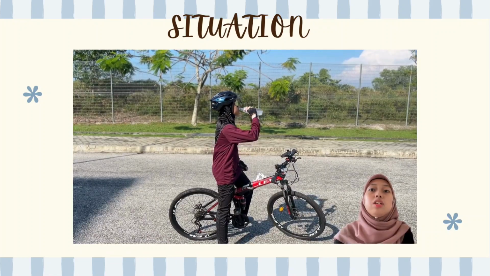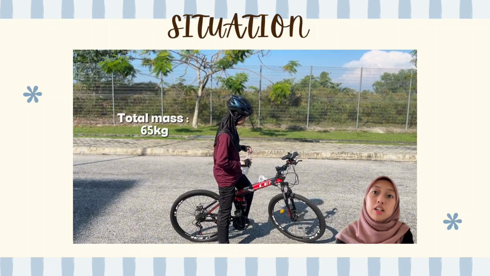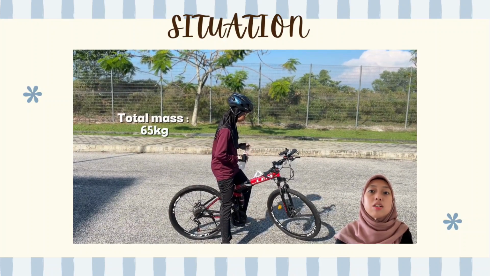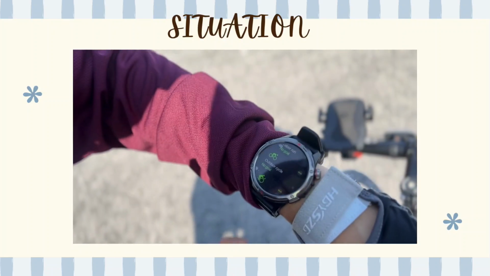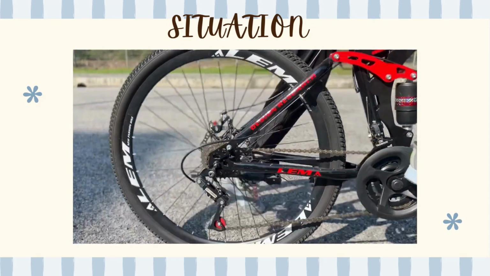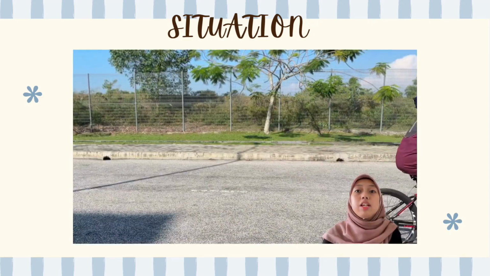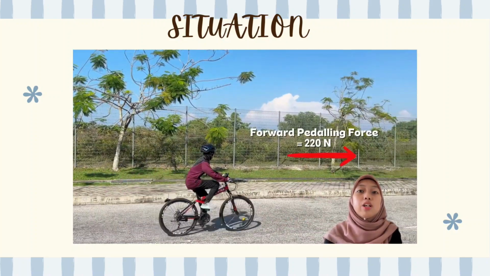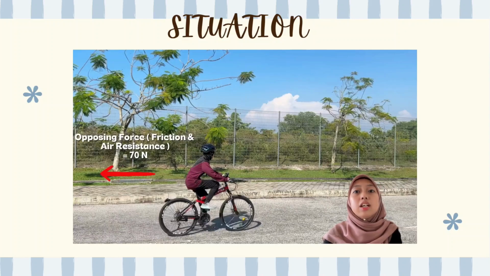Imagine a cyclist with a total mass of 65 kg riding a bicycle along a straight road. As the cyclist starts pedaling, a forward force of 220 Newton is applied. At the same time, environmental factors like friction and air resistance create a total opposing force of 70 Newton.